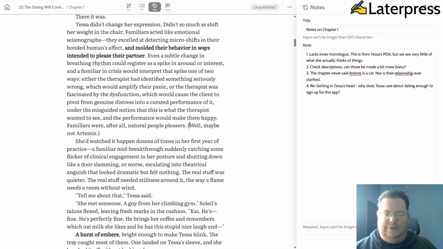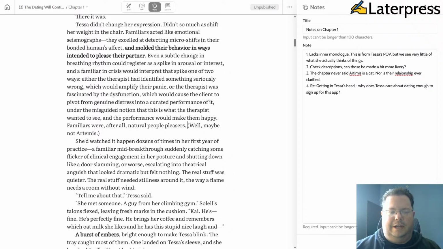This simple little detail also establishes that Artemis goes against the typical familiar grain and is not a people pleaser, because Artemis is basically like Tessa's subconscious coming out. It's all of the thoughts that Tessa would not speak, Artemis will happily word vomit out. So they have an unusual dynamic between them.